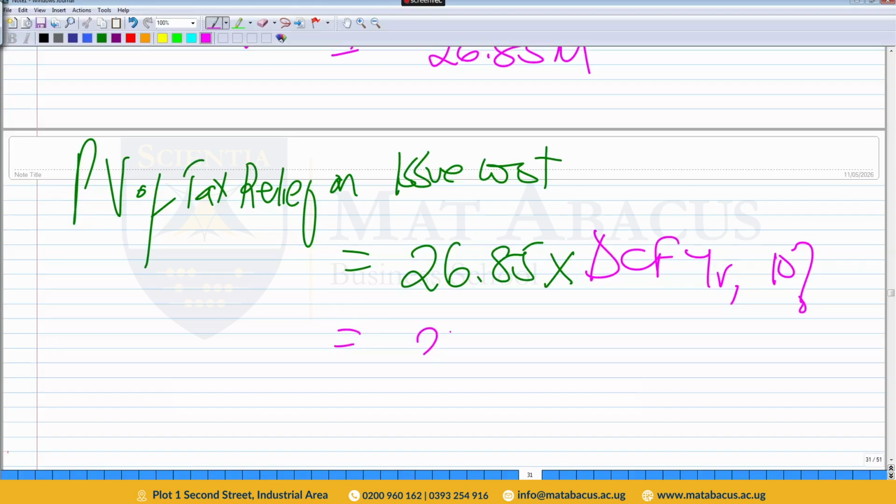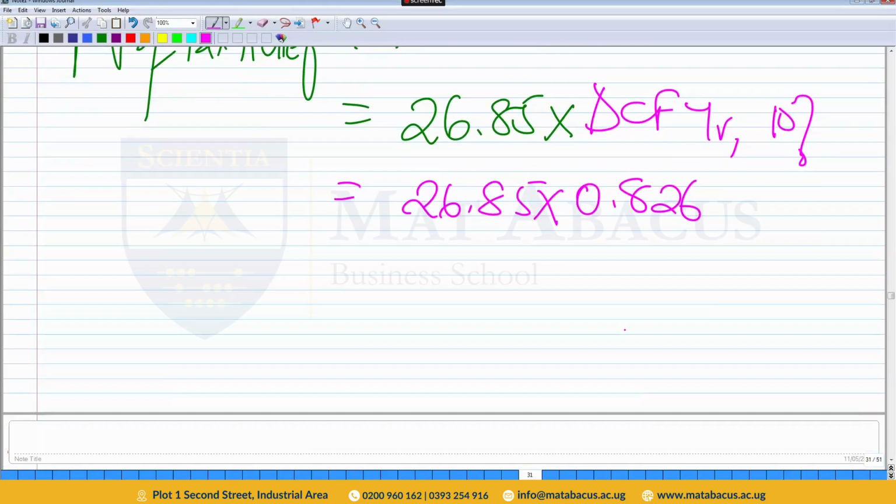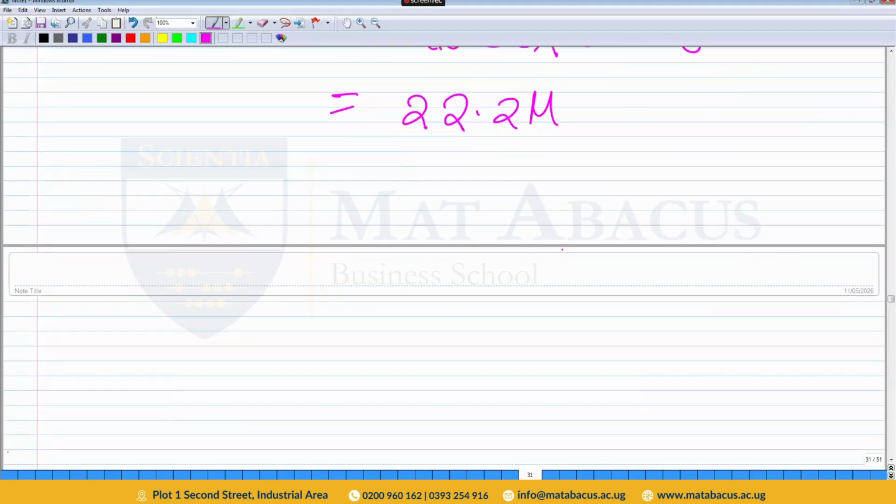Therefore, we'll have 26.85 times 10% in year 1. I will get 0.826. And when I multiply that, I will be able to get 22.2 million.